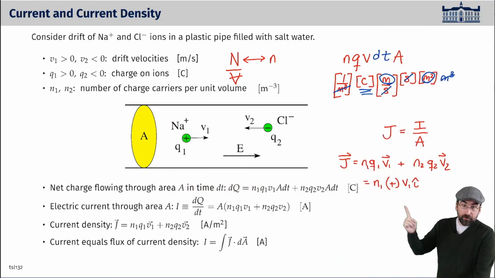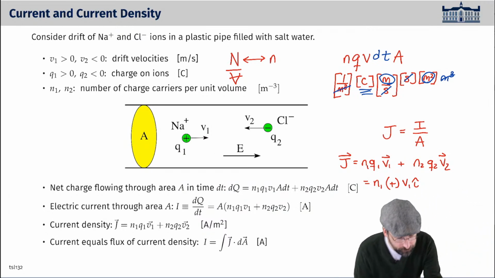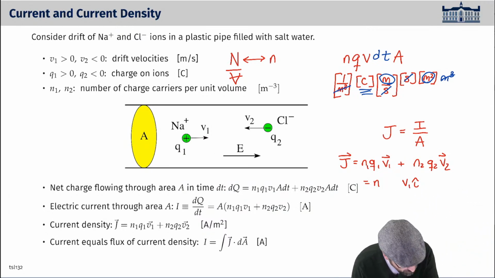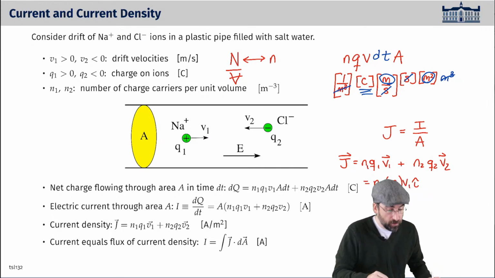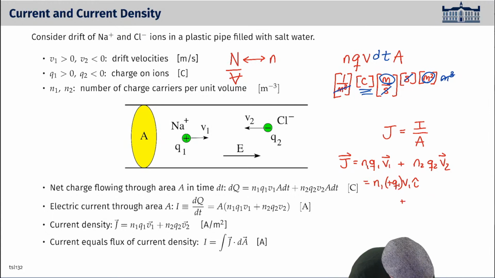So this first term here, and I realize the way I wrote that is a little bit confusing, is positive. This first term is definitely positive in the i direction. If I compare that to this second term, note that my Q is now negative, and my velocity is now in the negative i hat direction.